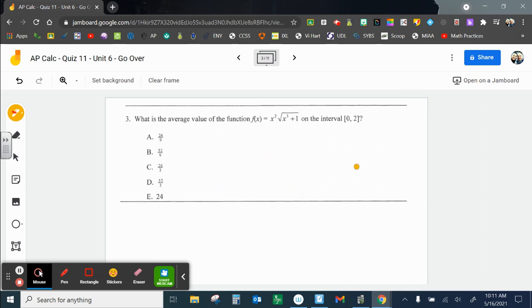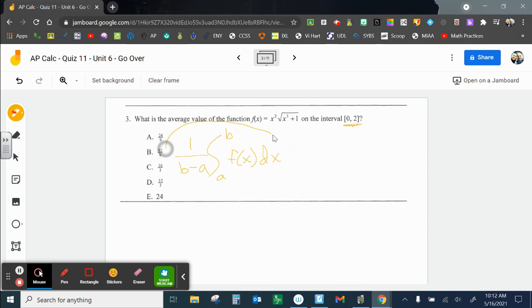All right, now for this one, I'm going to need the calculator. So average value of a function. So let's just go through and just talk about, in general, average value of a function is always written as 1 over b minus a. Okay, so we're going from 0 to 2, so we're going to take 1/2 of whatever we get for a number.